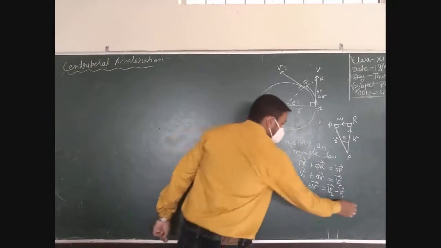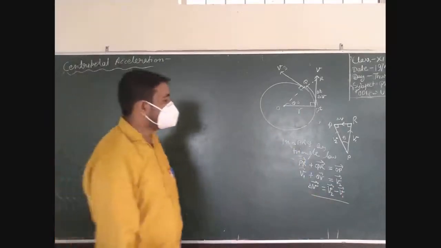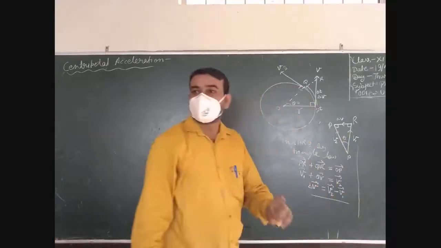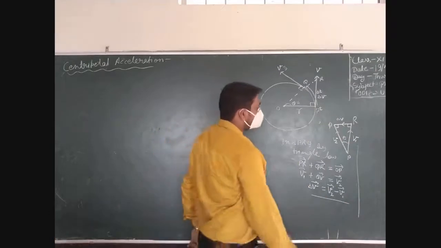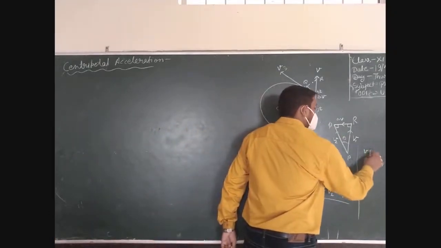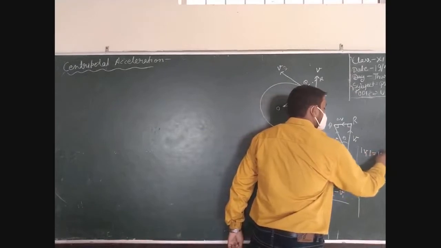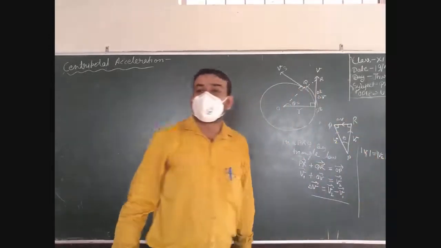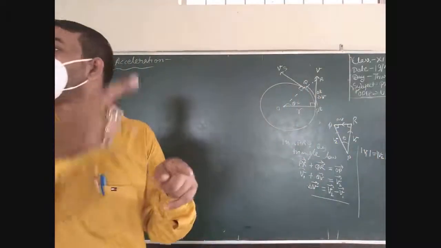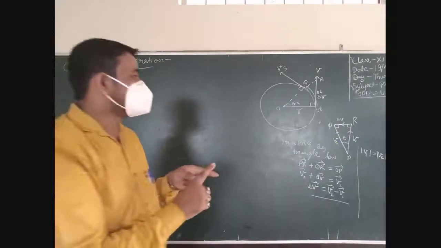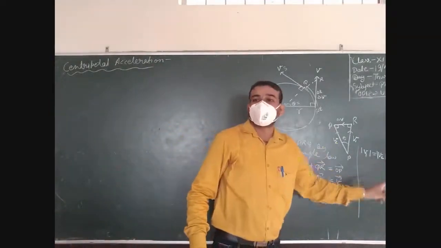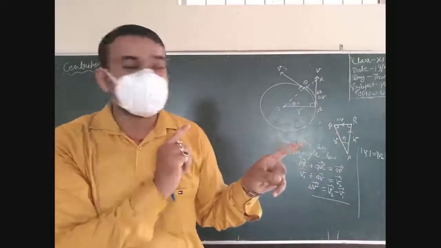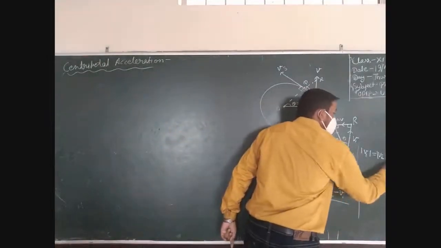Now two things should be remembered here. First, the magnitude of velocity v1 is equal to the magnitude of velocity v2. Let's say this is v, because for uniform circular motion this velocity is constant, which means the speed is constant during the motion and equal to the magnitude v.